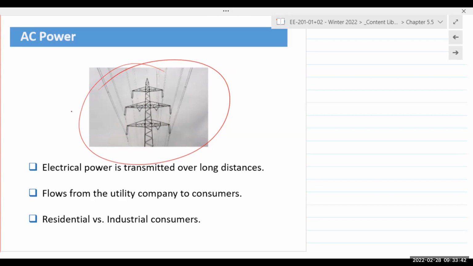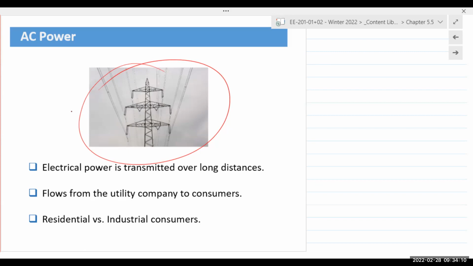These are 3-phase lines that carry electrical power, meaning electrical voltage and current, over long distances from the utility company all the way into towns and cities, going to residential and industrial customers. These run to a distribution station. That distribution station takes those 3 phases and divides them depending on the usage.